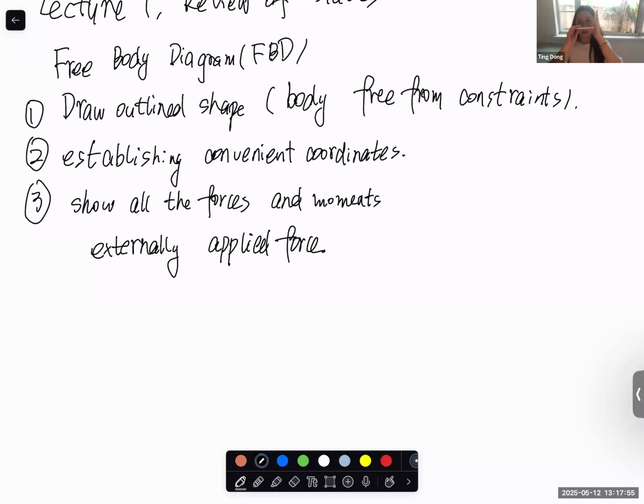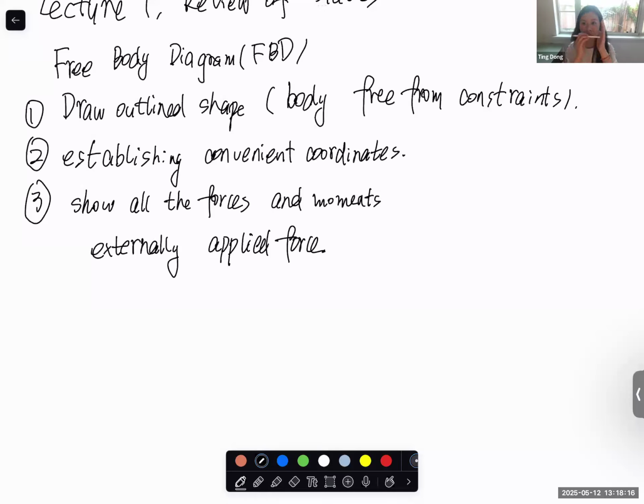Let's say for this 1D bar, I have a tensile force on the free end, and it's clamped on this side. This tensile force applied on the free end is the external applied force, right? So when you draw the free body diagram, make sure that you have that force on it.